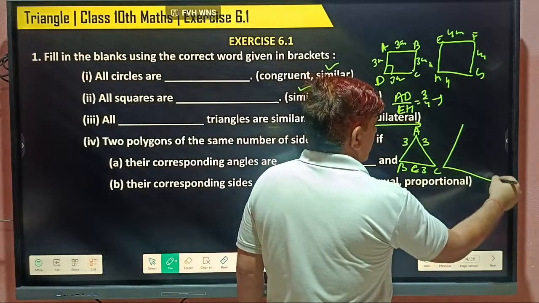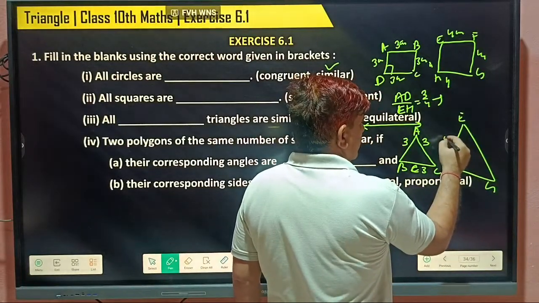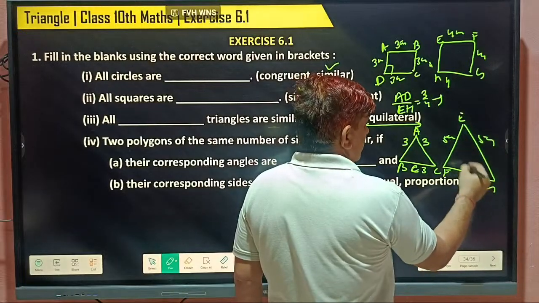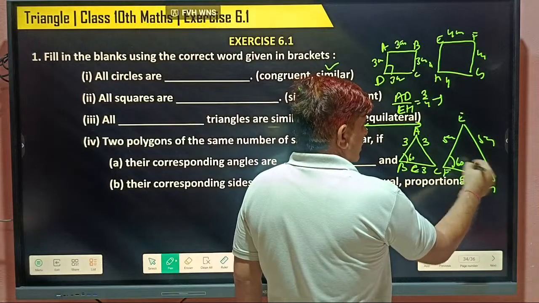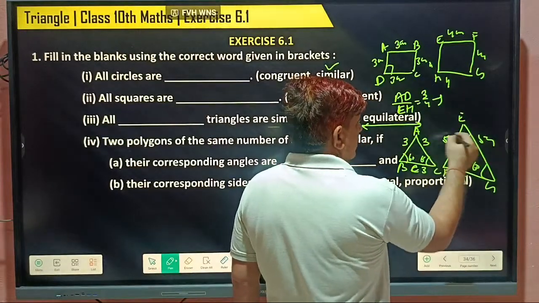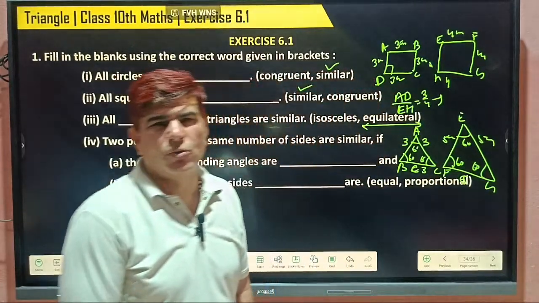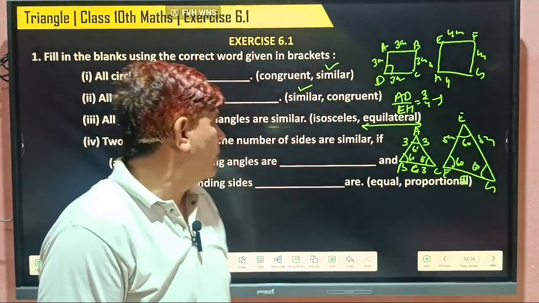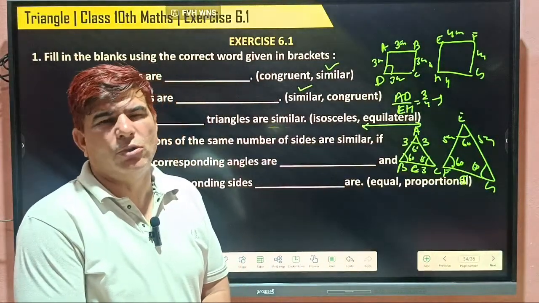Another triangle EFG has 5 centimeters, 5 centimeters, 5 centimeters. Each angle is 60 degrees. So corresponding angles are equal, and corresponding sides are also in the same ratio. But in isosceles triangles we cannot say this, because about the third side we don't know.